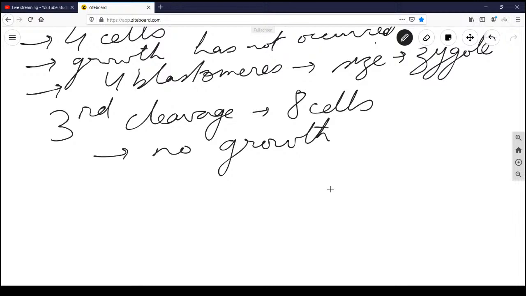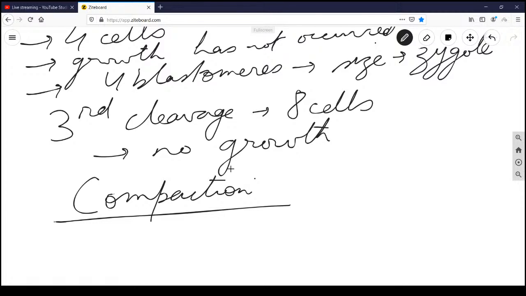Now the thing that I have taught you, compaction, will come into action. Third day compaction, like 2.5 days. After 3 days you will have compaction.